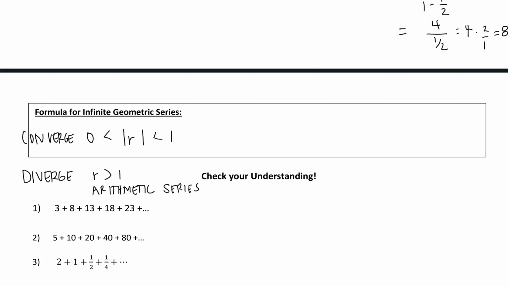We can't calculate it if it diverges; we can only calculate it when it converges. When it's going to infinity, we take the first term and divide it by 1 minus your r.